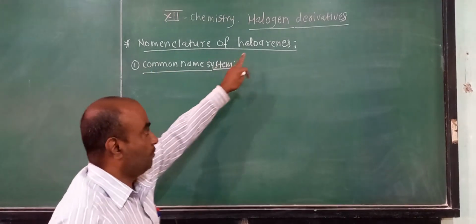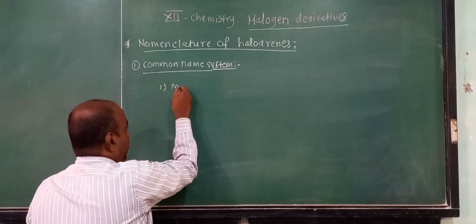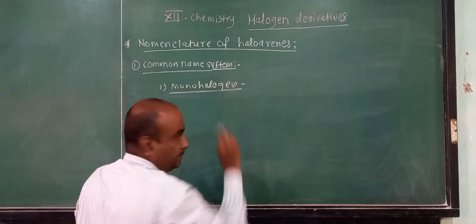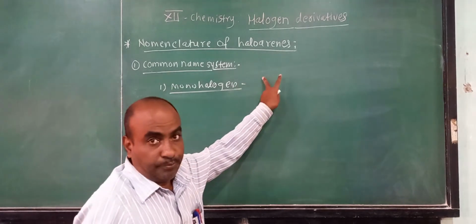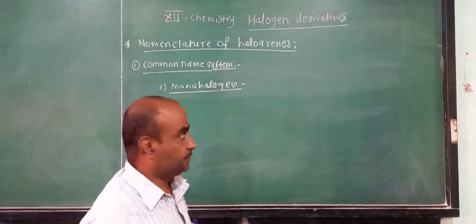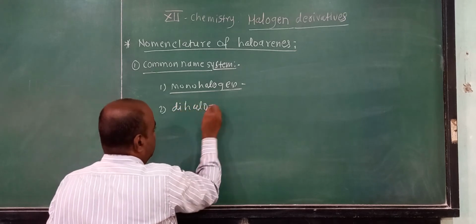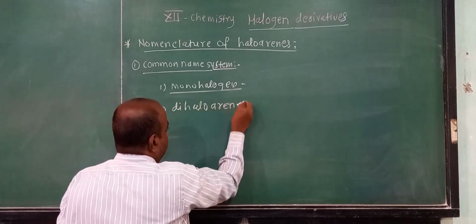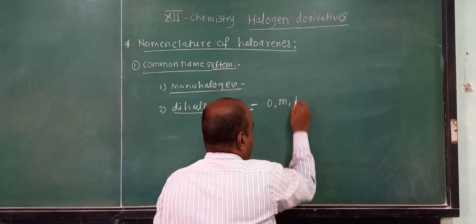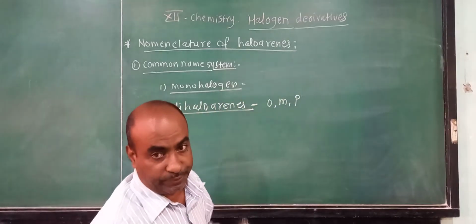In the common name system of the haloarenes, generally for monohalogen derivatives or monohaloarenes, the ortho, meta and para positions are not used. For dihaloarenes, ortho, meta and para positions are used with respect to a particular group.